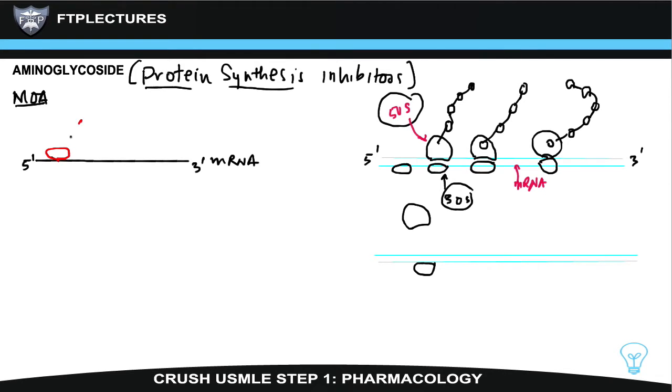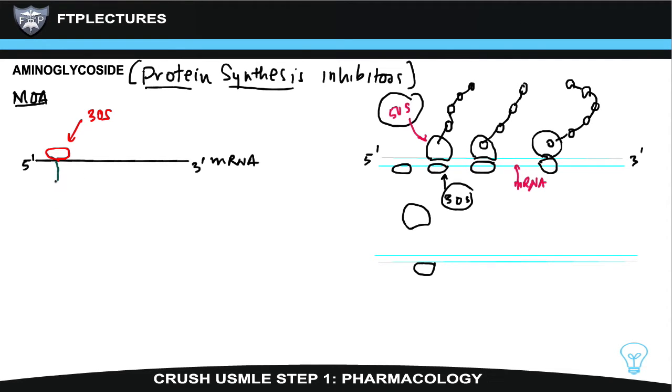So we're going to call that a 30S subunit. It has to sit there, and a transfer RNA, also known as tRNA, has to be able to come and sit here to bring in an initiation codon.